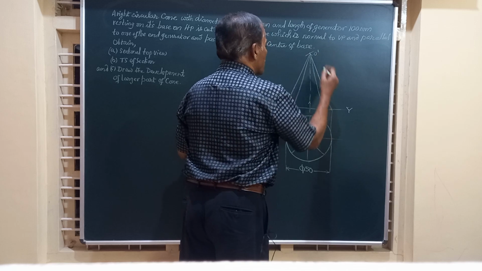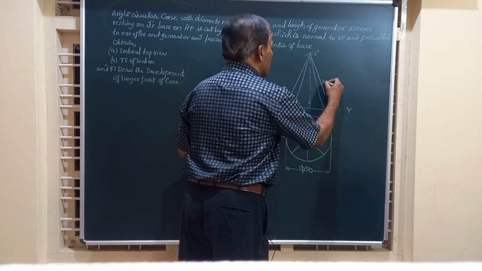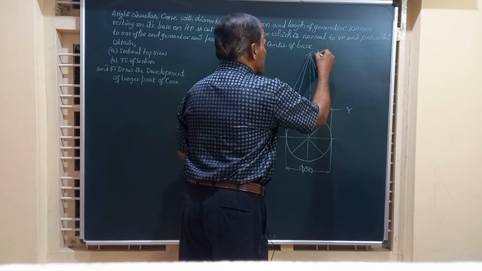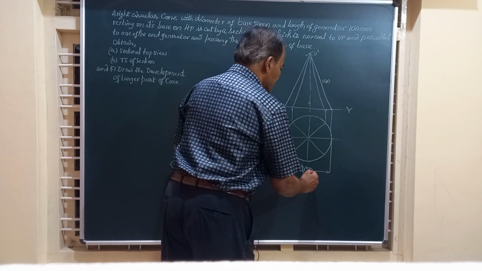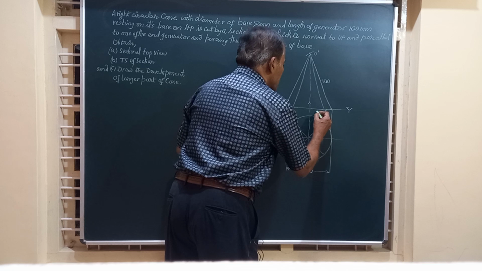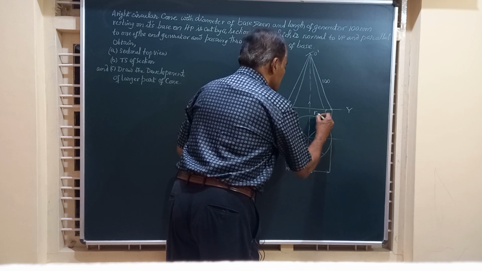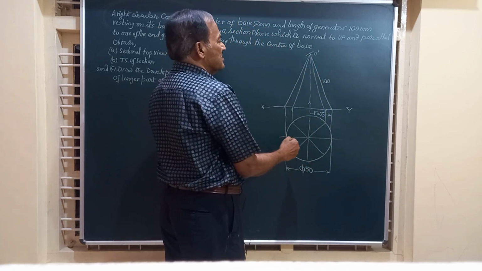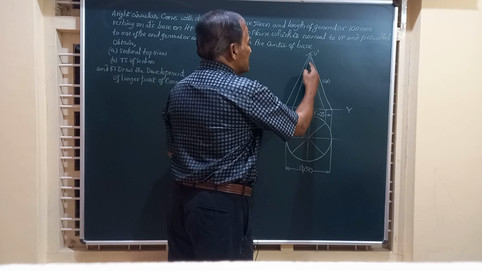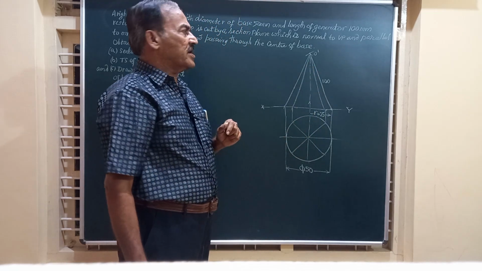This is 100 mm as per the problem. This length is 100 and the diameter of the base is 50. Radius R is equal to 25 mm. After construction of this figure, you can find out what is the height in case it is required.